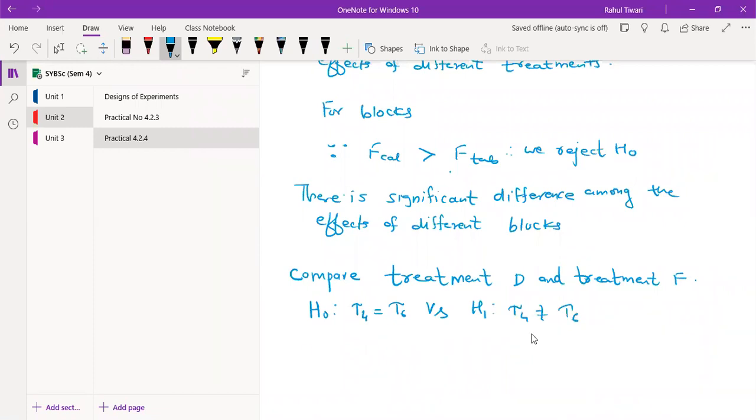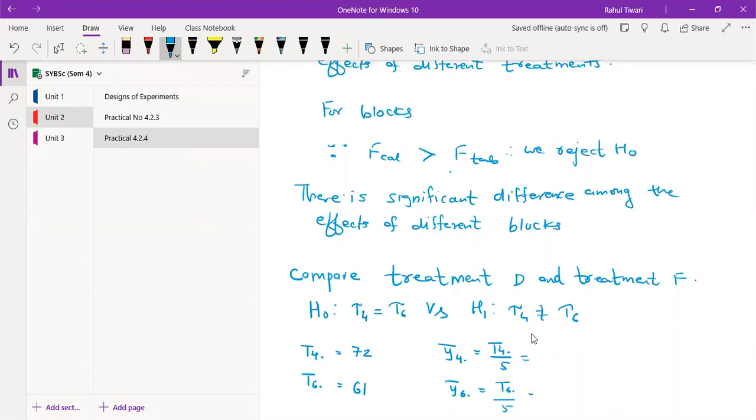So we will calculate T4 dot and T6 dot, which we have already calculated, which is 72 and 61, right? Once you get this, you can calculate Y4 dot and Y6 dot. What was the formula? T4 dot upon 5. Similarly here, T6 dot upon 5.